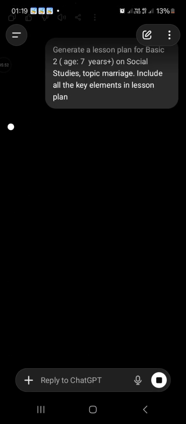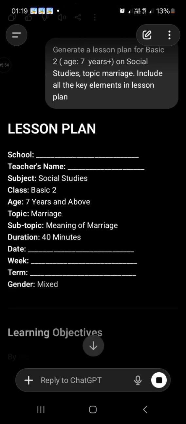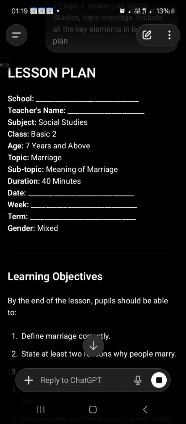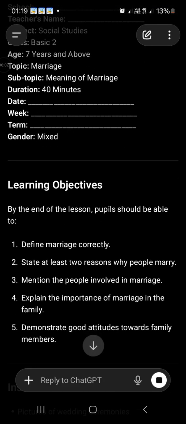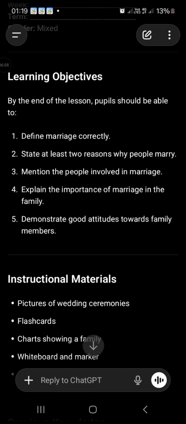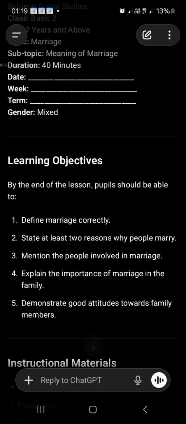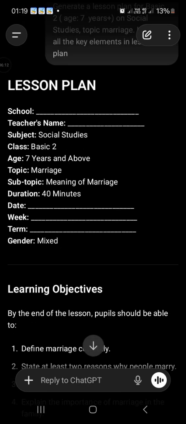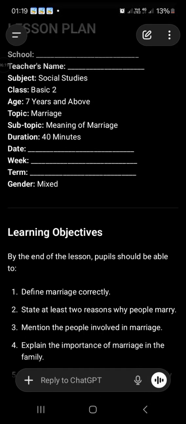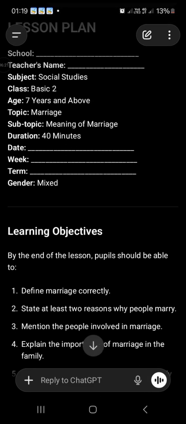Click on it. Wow, you see it does not take time. You can see the school, teacher's name, subject. So you see, it's as easy as that. Learning objective: by the end of the lesson, the pupils should be able to. So when stating your prompt, you have to be specific. If you are not specific, AI can give you anything.